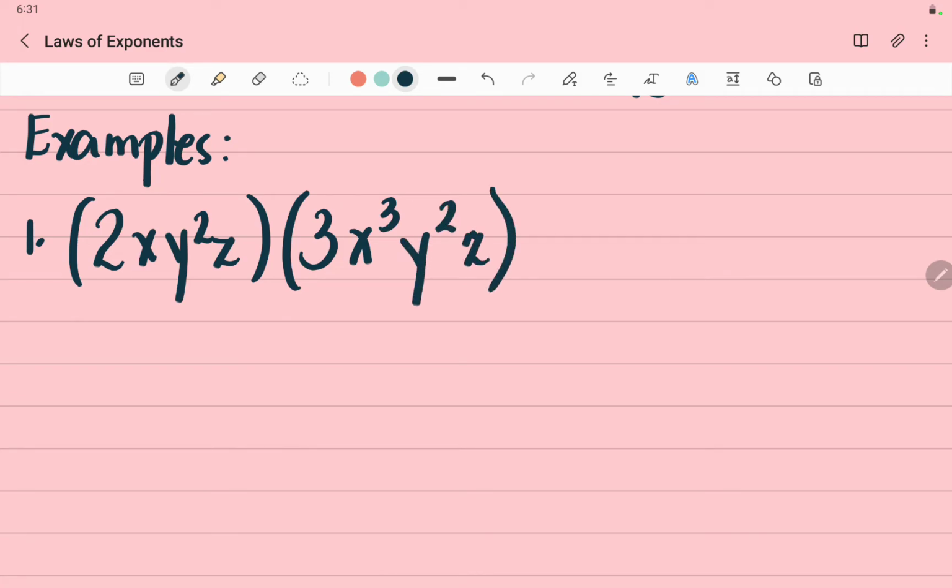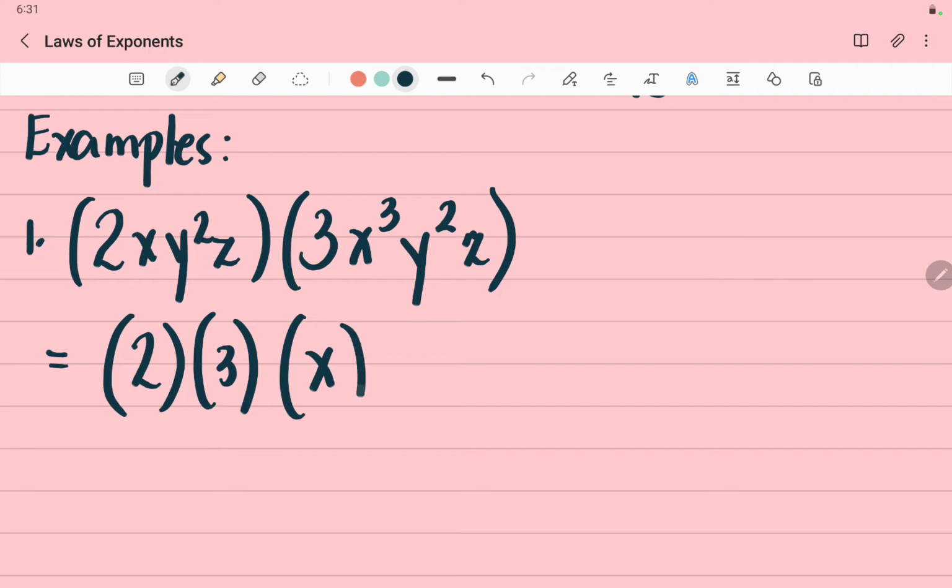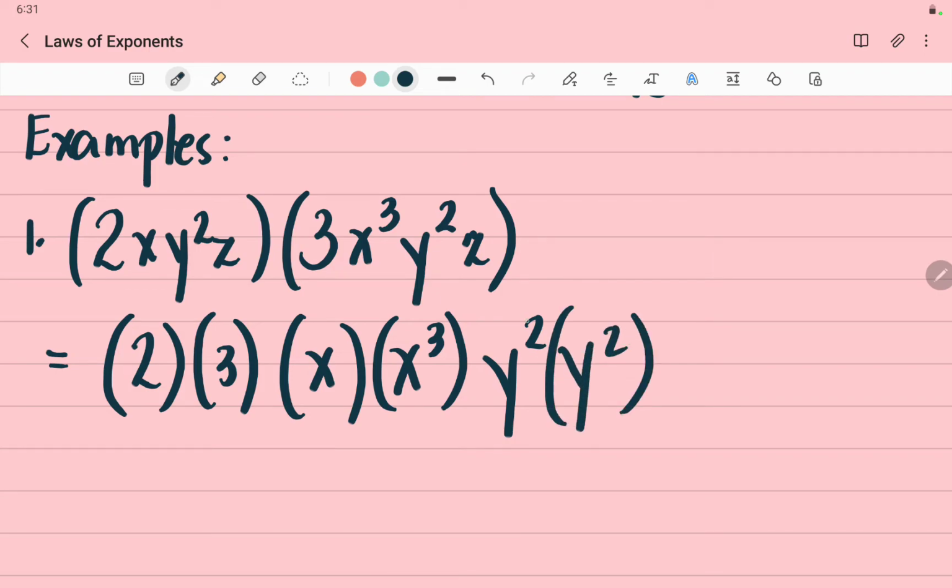So that is now 2 times 3 times x times x cubed times y squared times y squared times z times z.